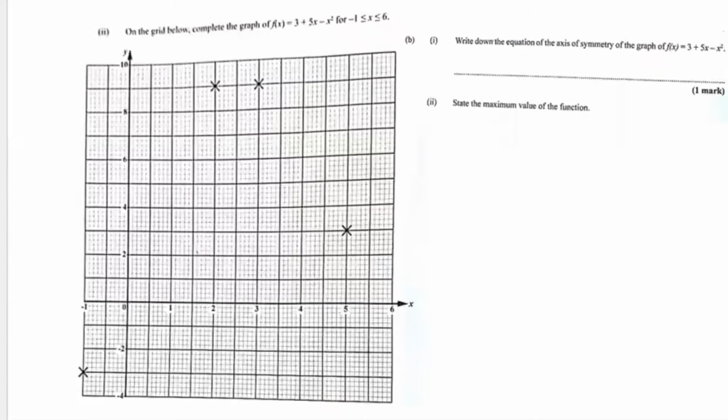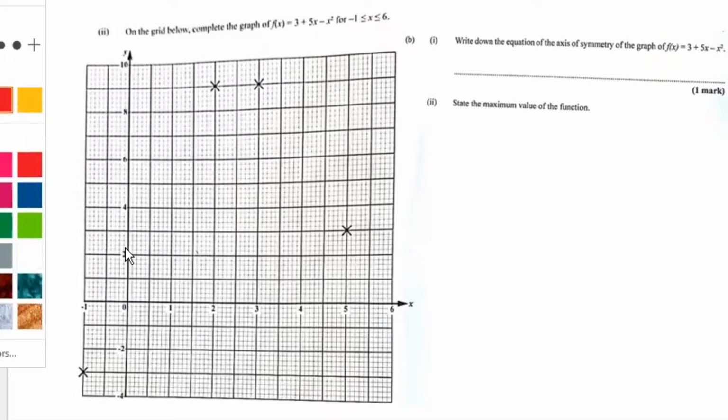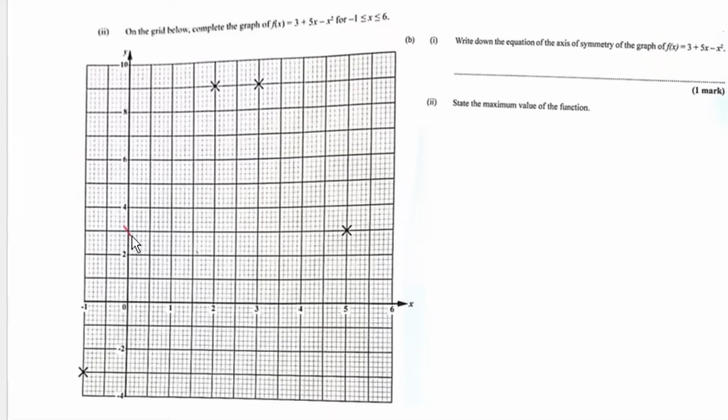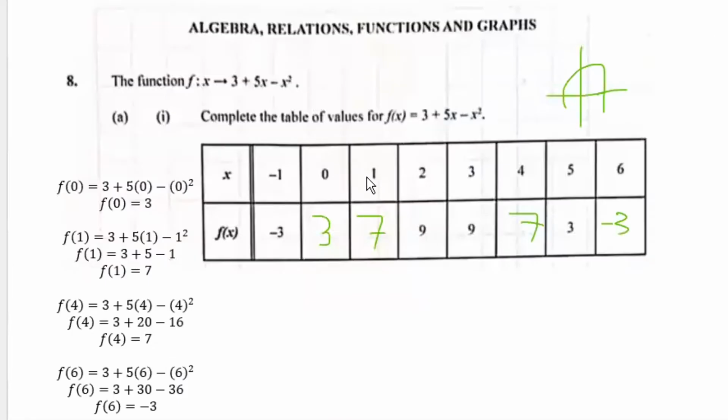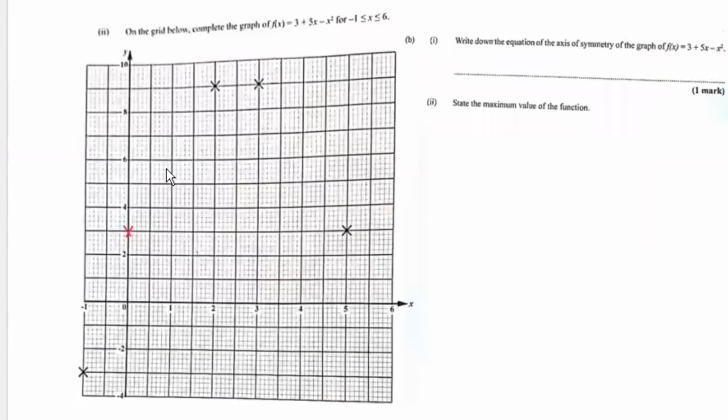Let me change the color to, let's say, red, which might be brighter. So 0 and then 3 from our y-axis. That is where our point will be. The next one was 1, 7.